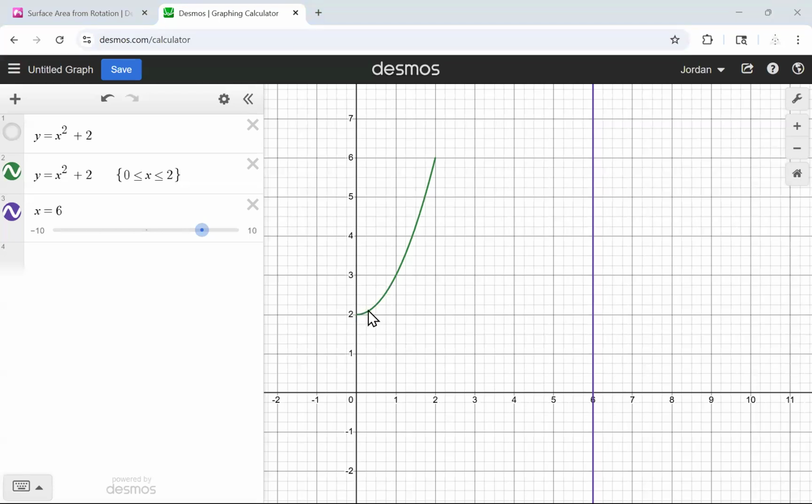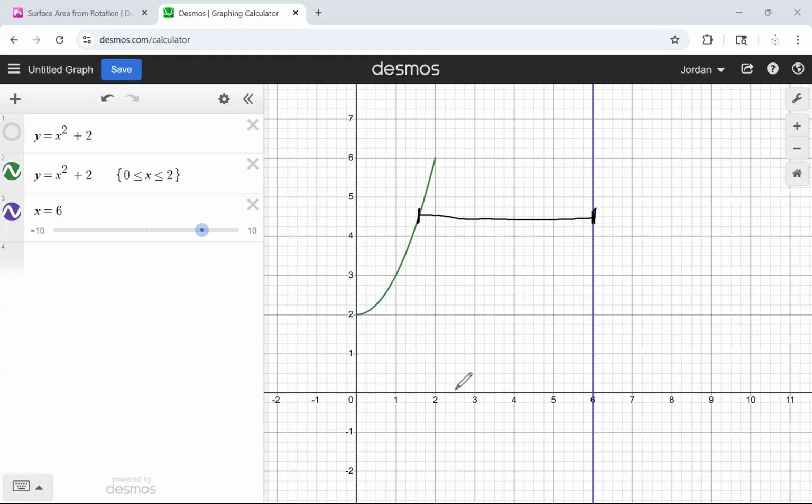All right, I don't have to redraw this piece of the curve, but we are rotating around x equals 6. When we do this one, my radius is going to go from that curve at some value over to my radius of 6.